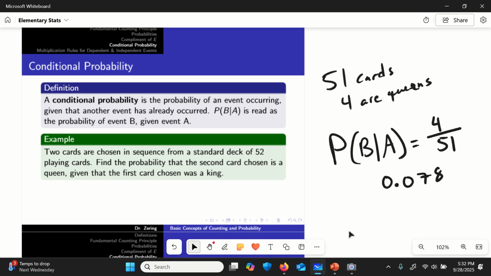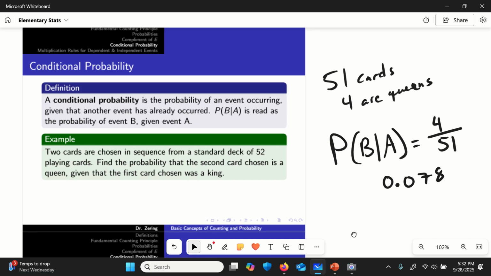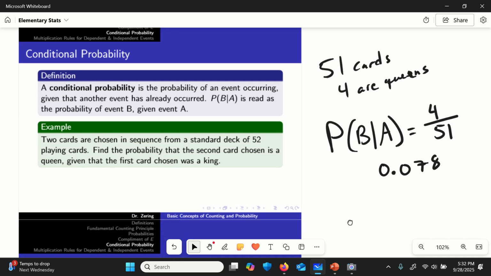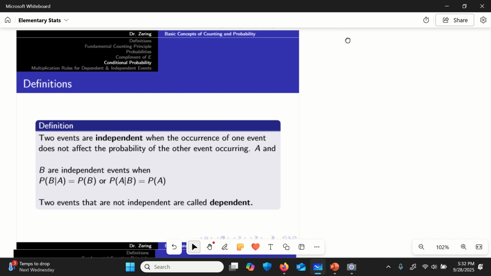It's important when we have more than one event to consider if one event affects the probability of another event.